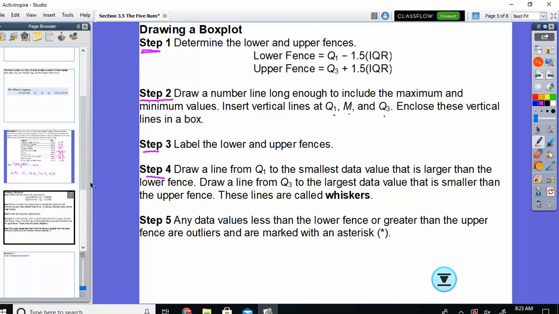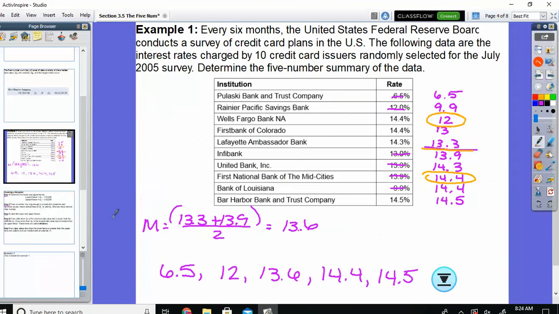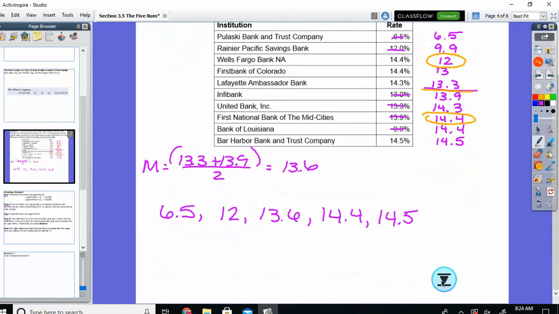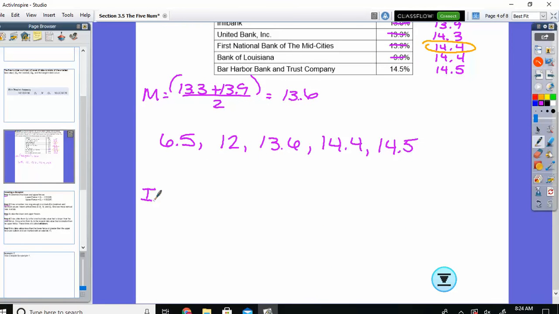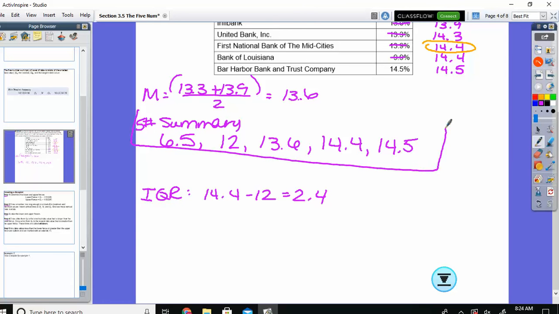So in that example we just did, our quartile 3 was 14.4 and our quartile 1 was 12. So what's the IQR? Okay. Then we need the upper and lower fence.